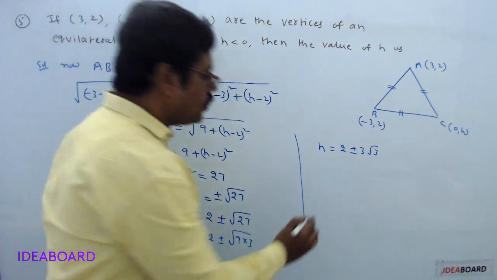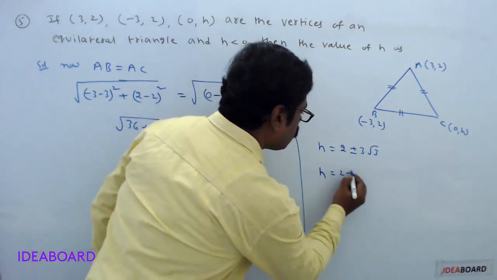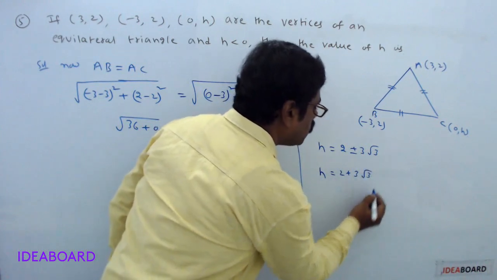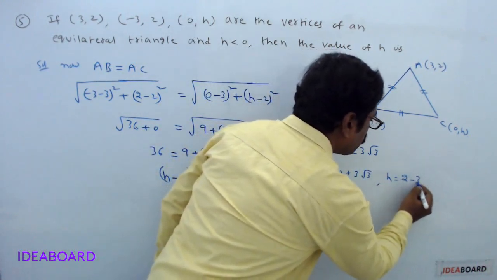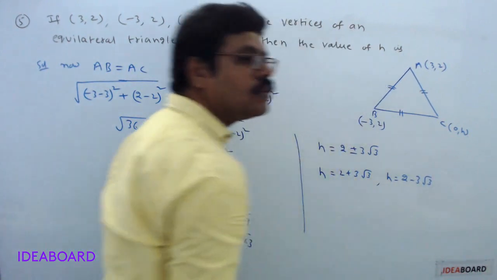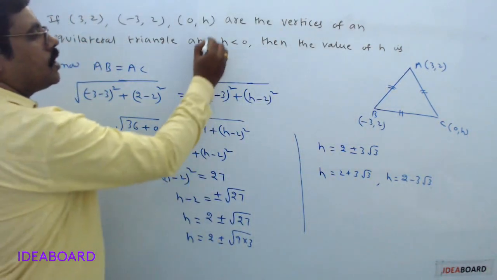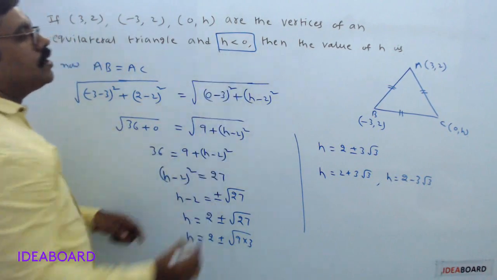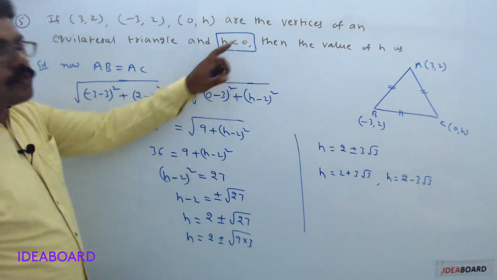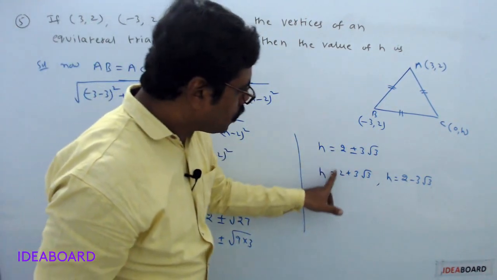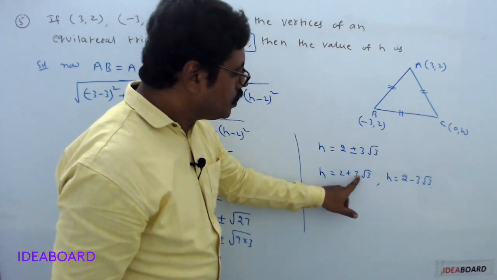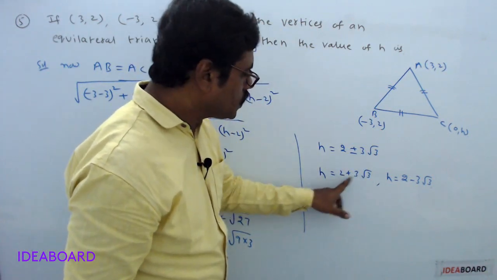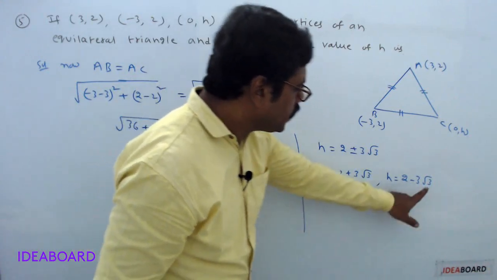Here h has two values. The first value of h is 2 plus 3 root 3. The other value of h is 2 minus 3 root 3. But what is the given condition? h is negative. The first value is positive, because root 3 is 1.732, so 3 into 1.732 plus 2 is a positive quantity.